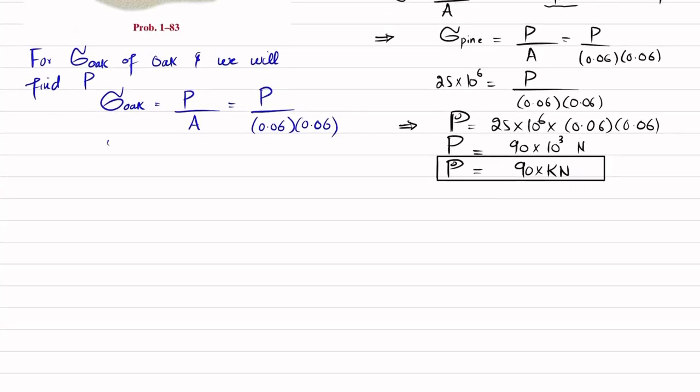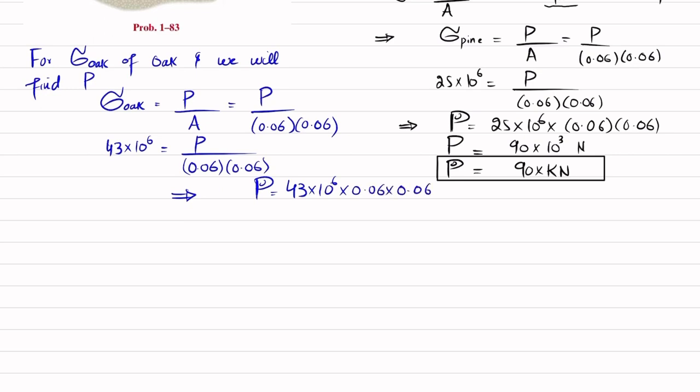So I will write 43 into 10 to the power 6 will be equal to P divided by 0.06 multiplied by 0.06. From here, P will be equal to 43 into 10 to the power 6 multiplied by 0.06 multiplied by 0.06.